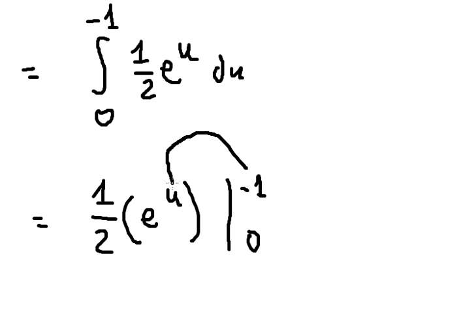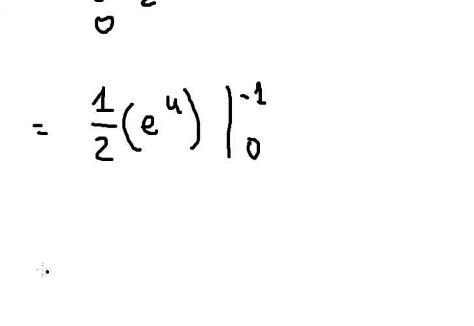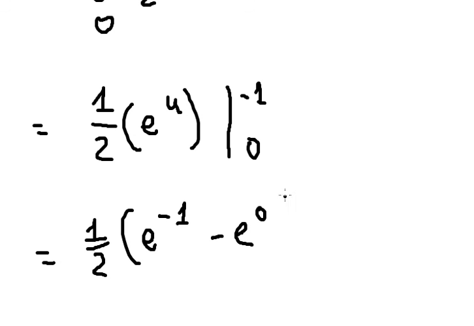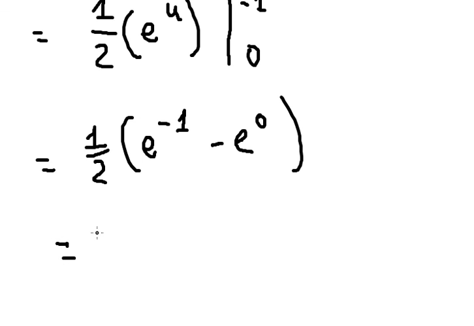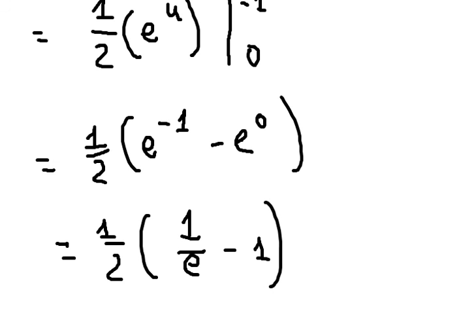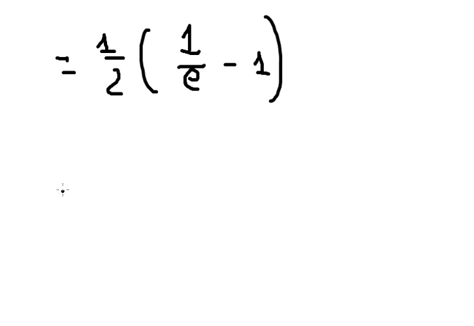Now I will put this one cone here and number 0 cone here. And now we simplify like this. Next, number 1, that is about e over e.